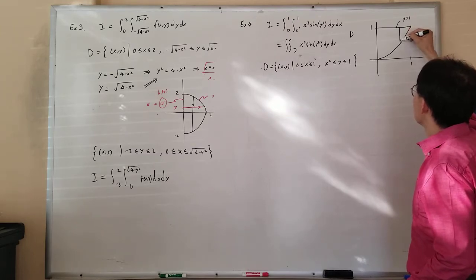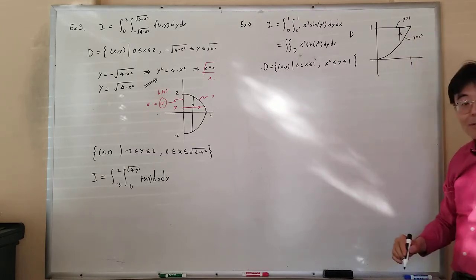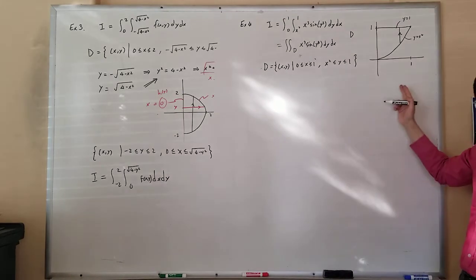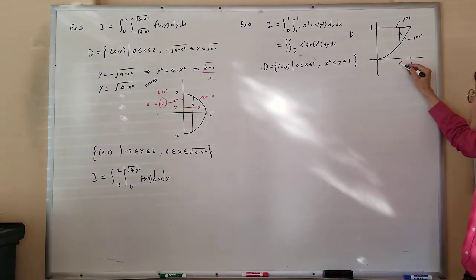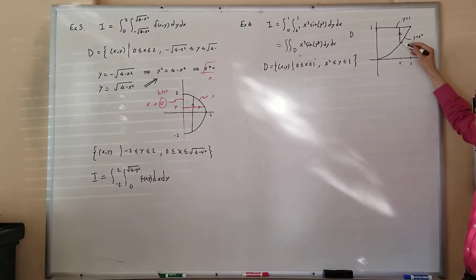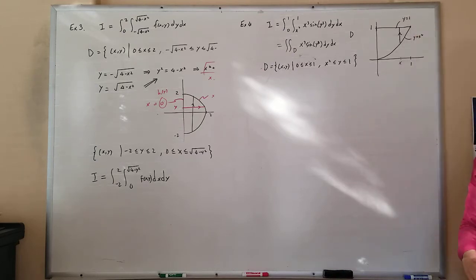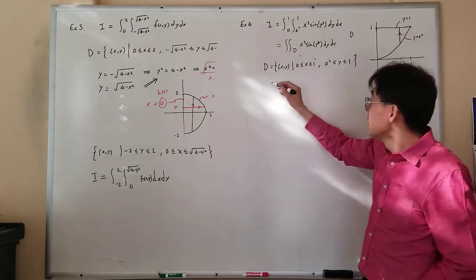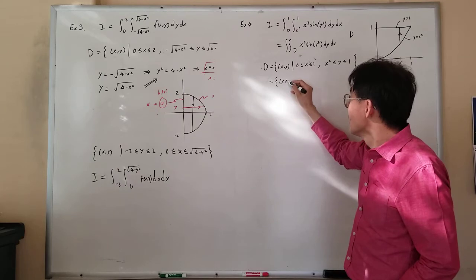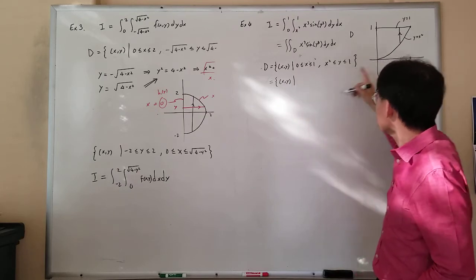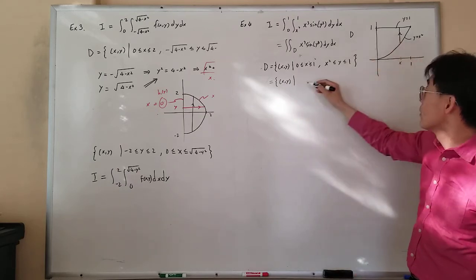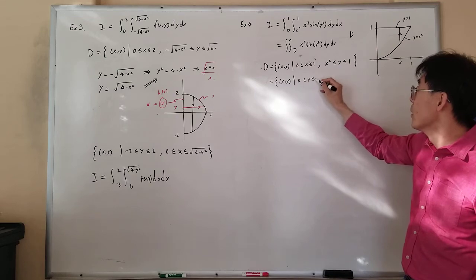This is the way we analyzed it. Given x, y runs from x squared to 1. All right, let's write this in type 2. Y runs from 0 to 1.